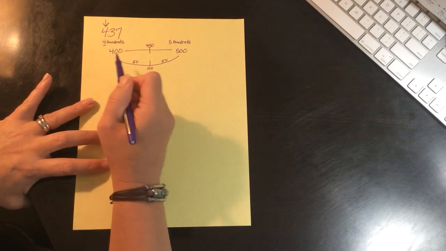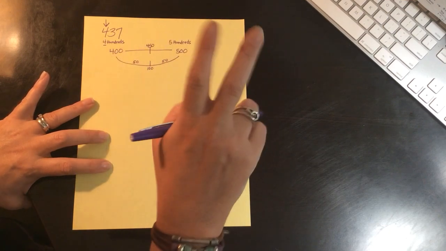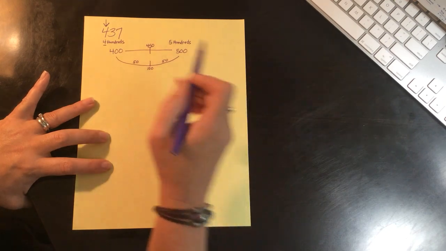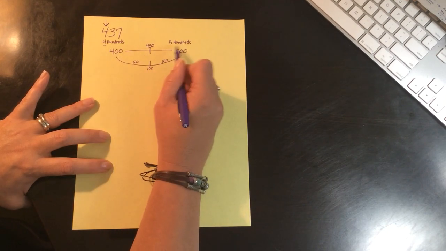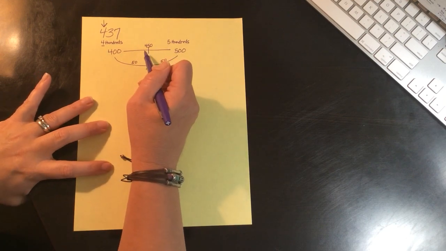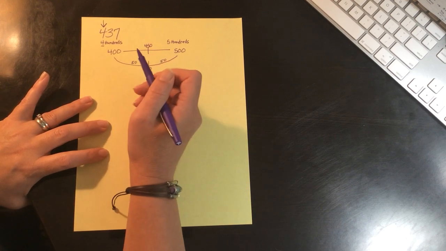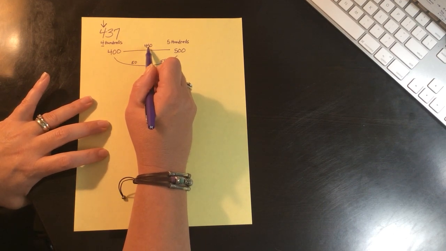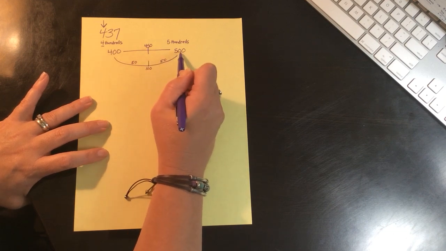So I now know that when I round 437, there's only 2 possibilities that it could be of all the numbers in the world. It's either going to be 400 or it's going to be 500. I'm using my midpoint because mathematicians made a rule that said if you have at least half, if you can get to at least the midpoint, we would round to the greater value.